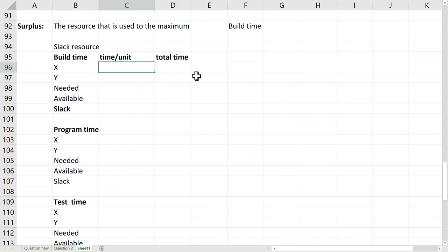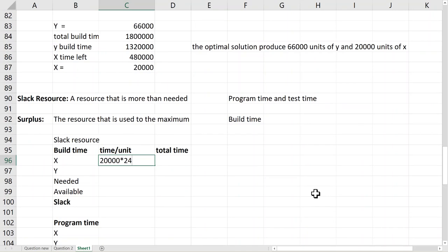If you look at the units, X was 20,000 units. So build time, they require, we already saw it above, 24 and 20, time per unit. Multiplying by units, which was 20,000, and multiplying by units, which was 66,000.